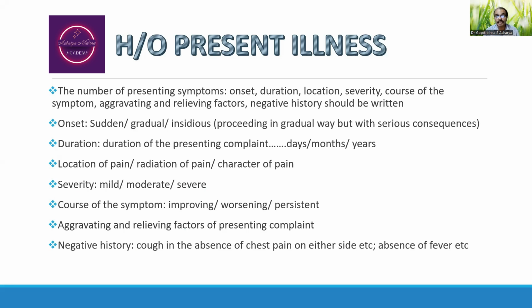When you think about the onset, basically three types of onset may be possible. It may be sudden. For example, a trauma happens, maybe hitting the back.